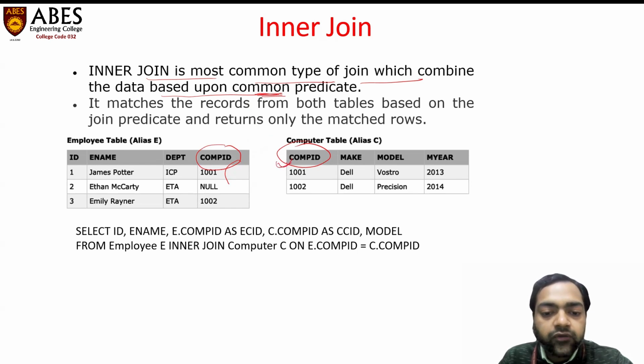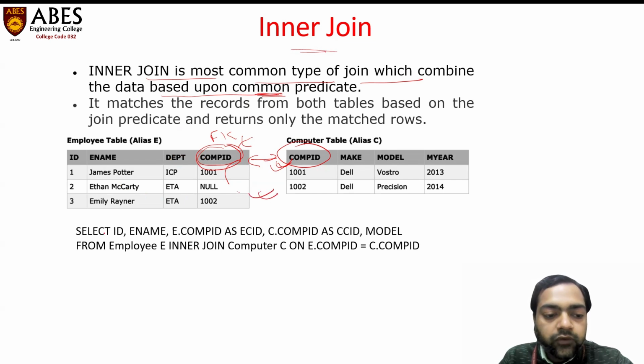So in this case we have comp ID, which is the primary key for the computer table, and this comp ID will be added into the employee table as the foreign key. Now we have this common attribute among these two tables, so we can perform this inner join. So what will be the syntax we will use to merge these two tables?